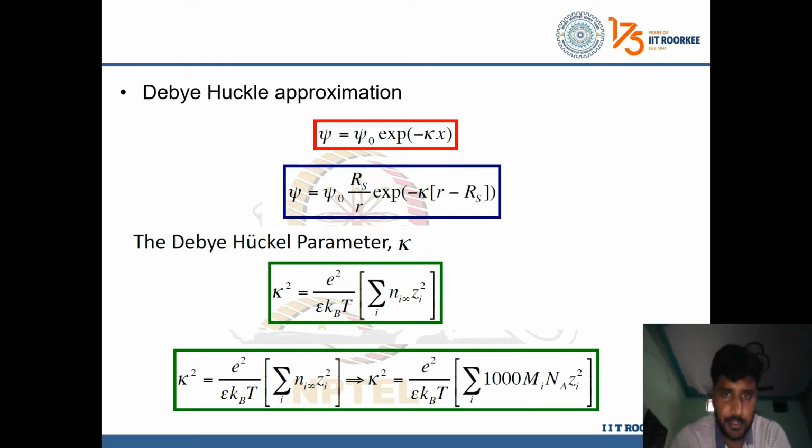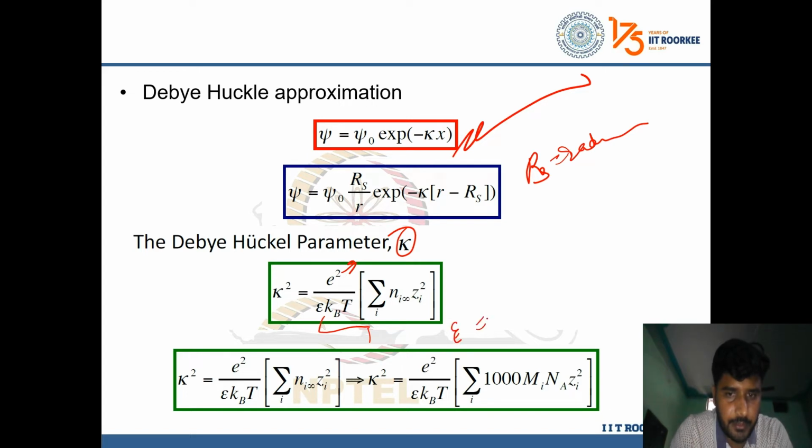That is the same potential expression, and this particular expression is for spherical particles, where Rs is the radius of the spherical particle. Another important parameter is kappa. I have already indicated that kappa square is equal to e square, where e is the charge on the electron. Epsilon is the permittivity, which you can expand like this: this is the vacuum permittivity, and this is the relative permittivity of the medium.